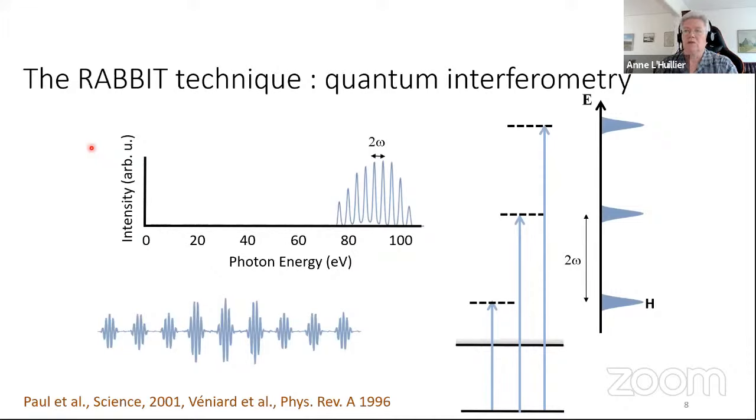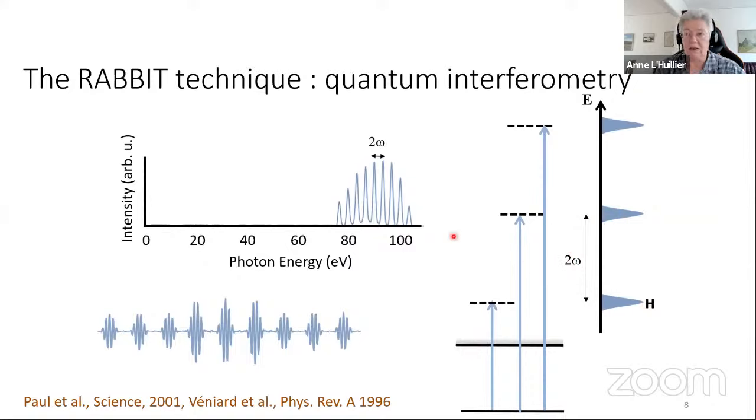If we, to start with, consider ionization of an atom by a train of attosecond pulses, in the frequency domain a spectrum of high order harmonics, then you would detect electrons at certain kinetic energies. And these peaks here are separated by twice the laser frequency, since we have odd order harmonics.